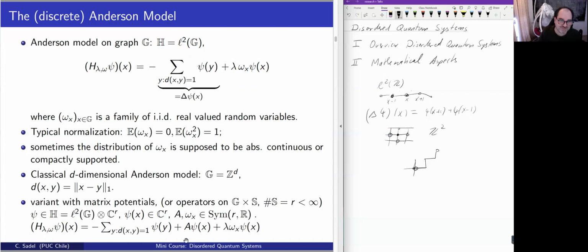And then you can add some term A psi of x, which you can, in some sense, think of as a Laplacian or vertical operator in a slice. Because if you have a product graph, for instance, take this finite graph and take the product with Z, then when you take the product, you get a strip.